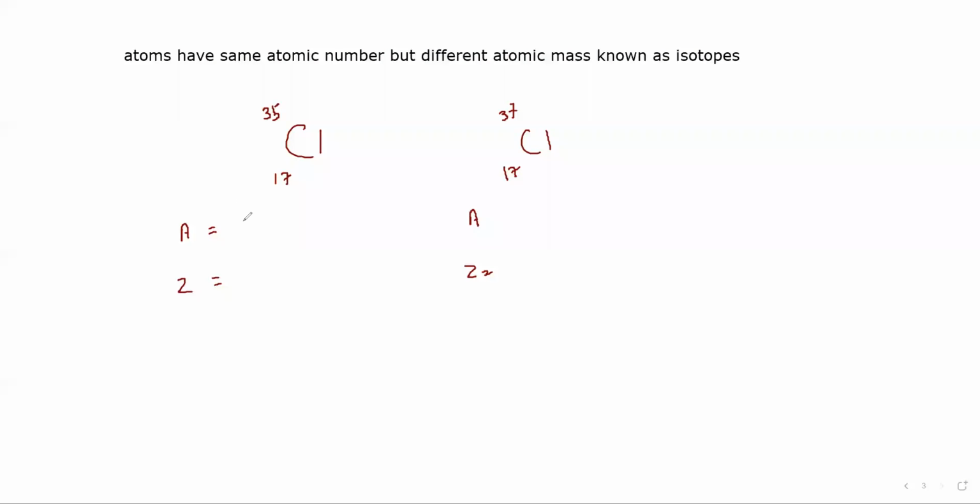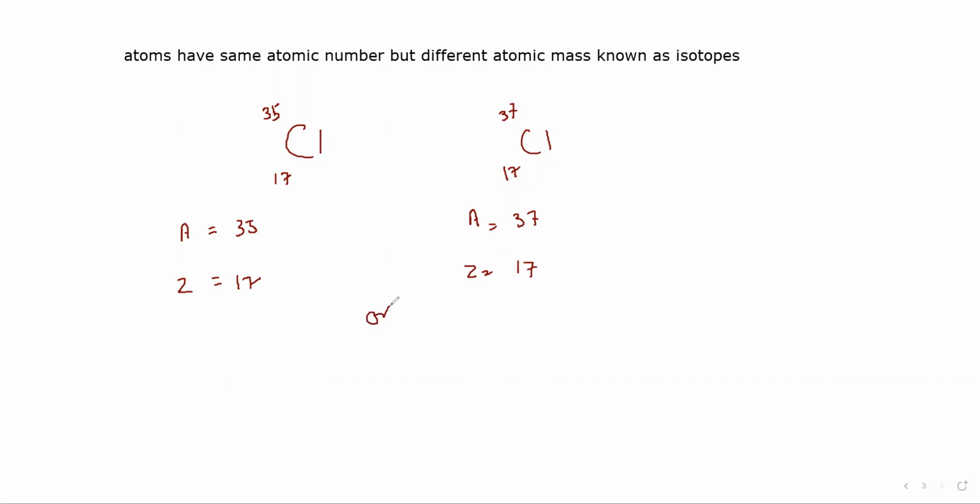So here in this example, we have A equal to 35 and Z is 17. For the second example, A is 37, Z is 17. So you can see same atomic number but different atomic mass. So we call them isotopes.